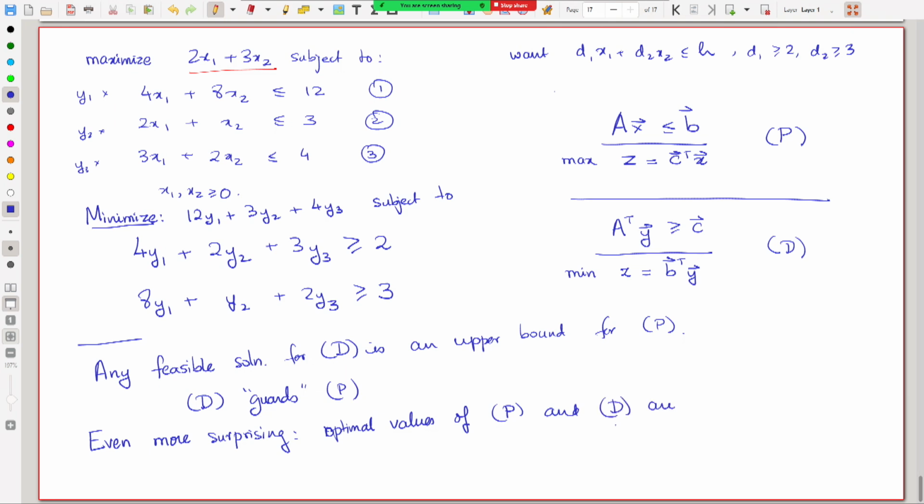What we saw is that each feasible solution for D is greater than or equal to the optimal value for P, but now what we are saying is that the optimal value of D is equal to, they are exactly equal, and this is very nice.